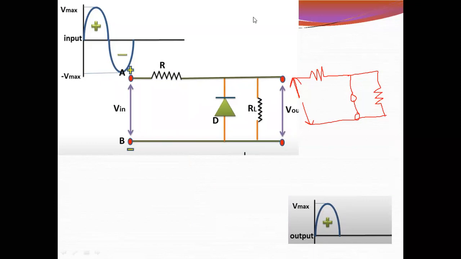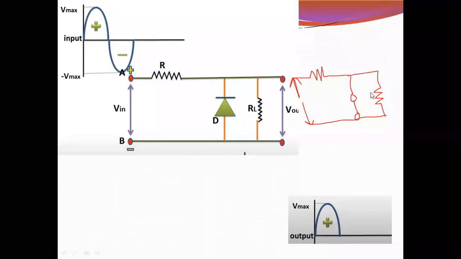Of course, when you apply the input here, the current will move in this short circuit path, because in this path there are no obstacles. In this other path there will be a resistance connected. The current always chooses the short circuit path. It does not go to this resistance path. Here there is an obstacle.